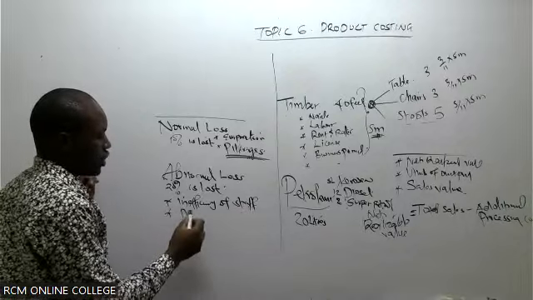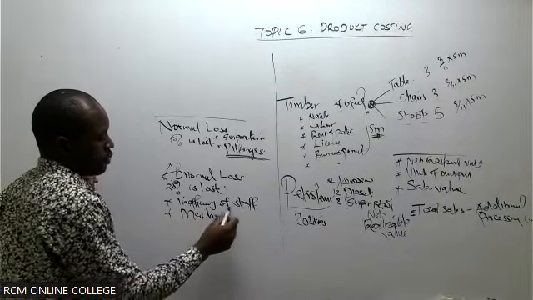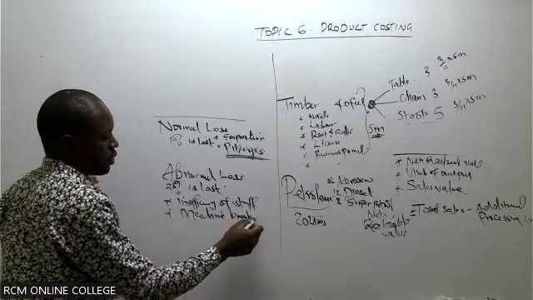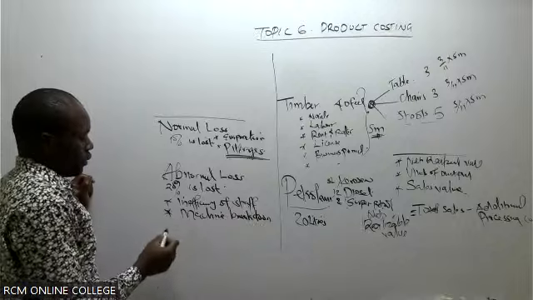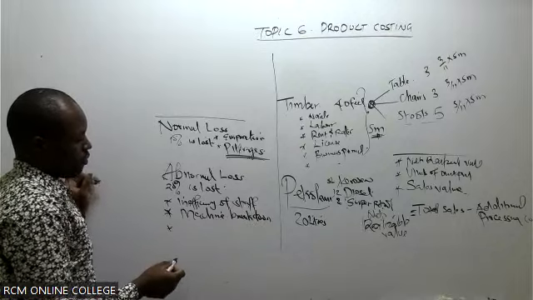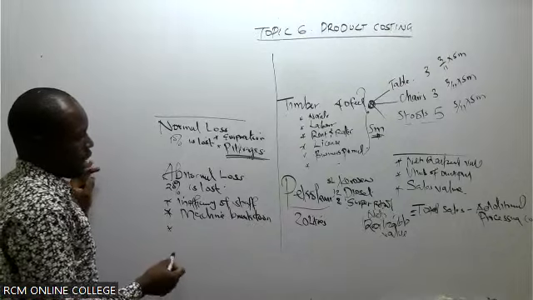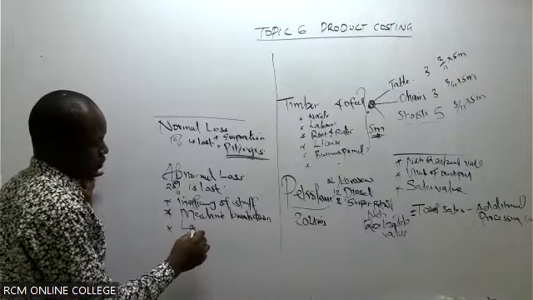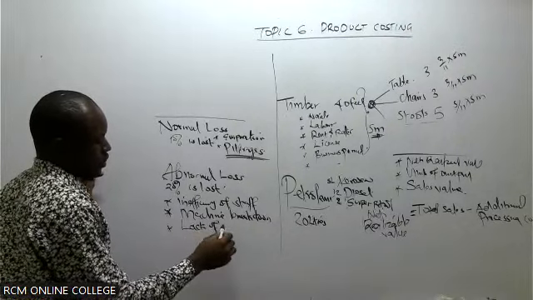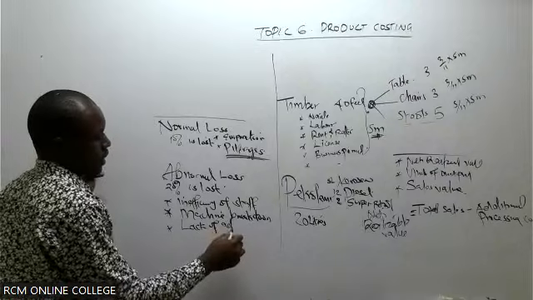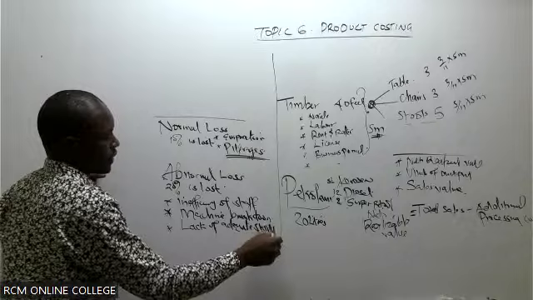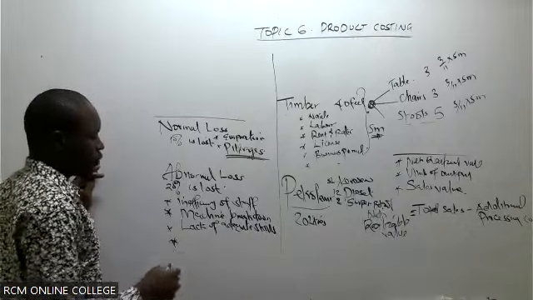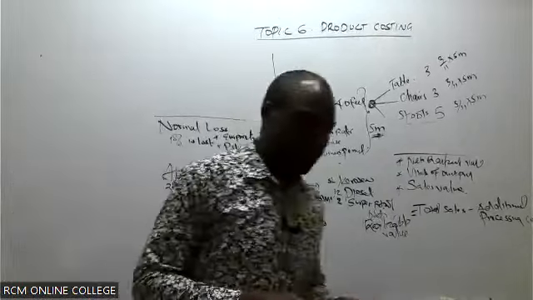Here, machine breakdown, which will lead to regular stoppage. Then we have lack of adequate skills. For example, you brought in somebody who is learning.